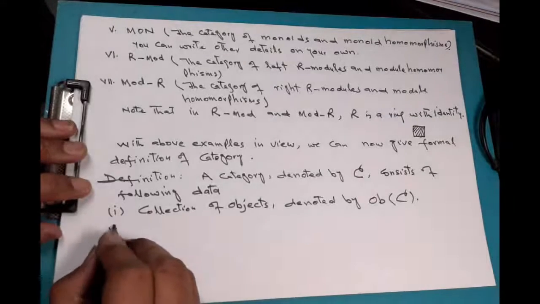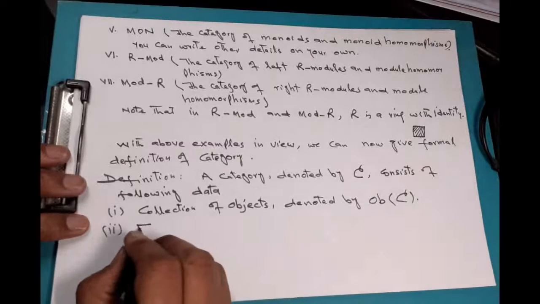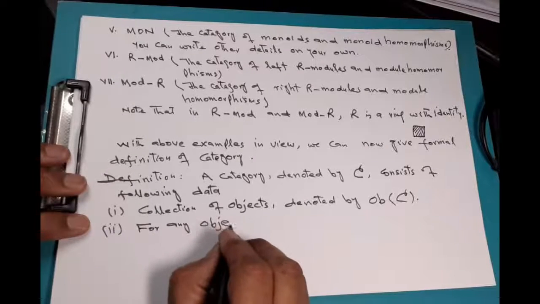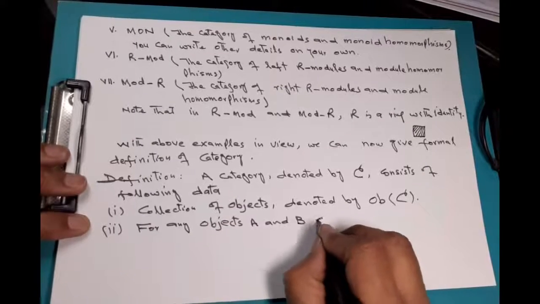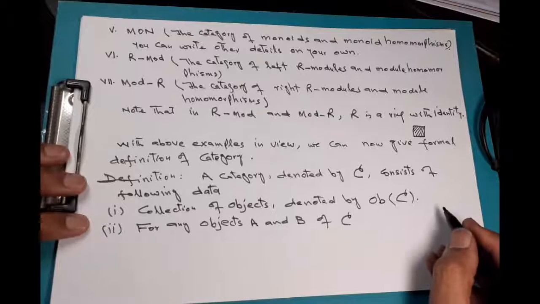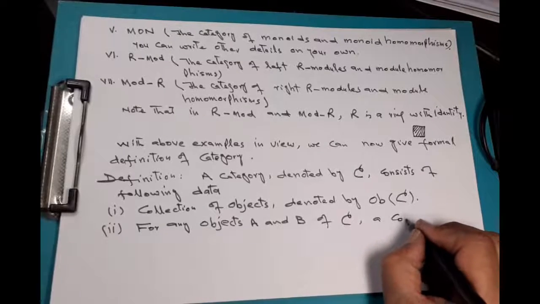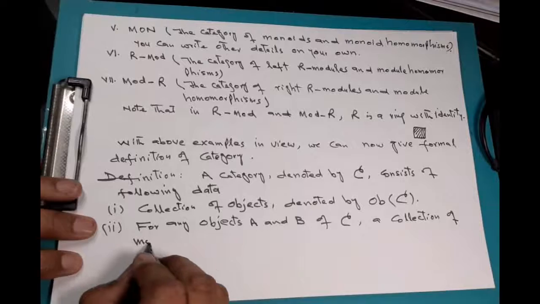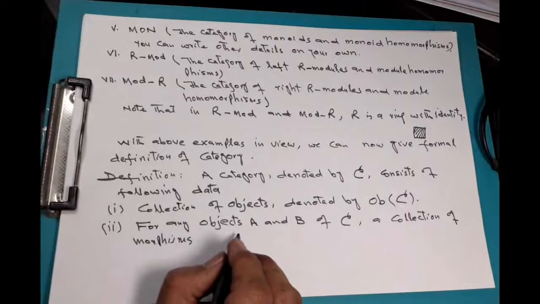And secondly, for any objects A and B of this category C, a collection of morphisms, and we will denote this collection by same symbol as we have already done, and that is hom AB.